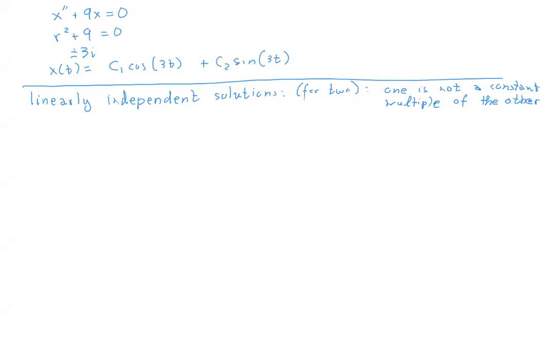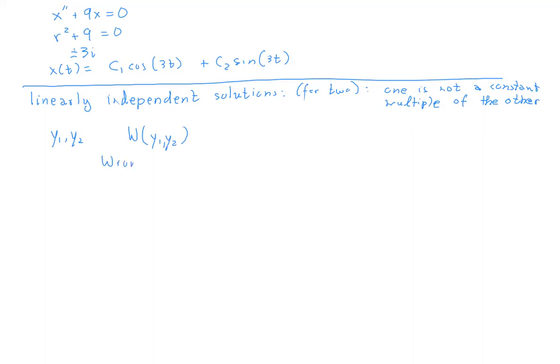So let's say that you have two solutions, y1 and y2, and you wonder, are they linearly independent? In most cases, this is obvious. I mean, you can see whether one function is a constant multiple of the other, but there is a very nice analytical property that we can describe here, and this is the so-called Wronskian determinant.